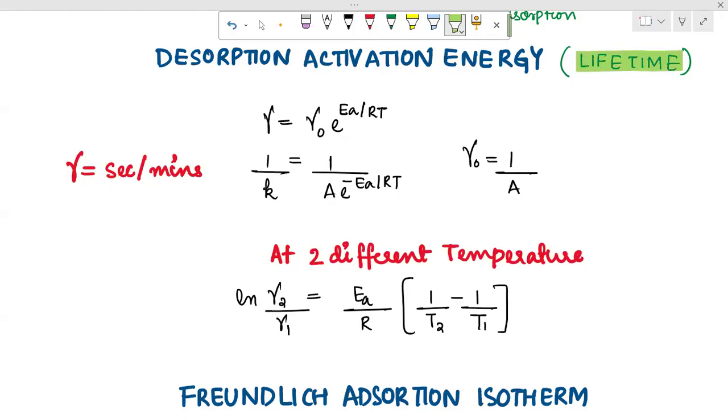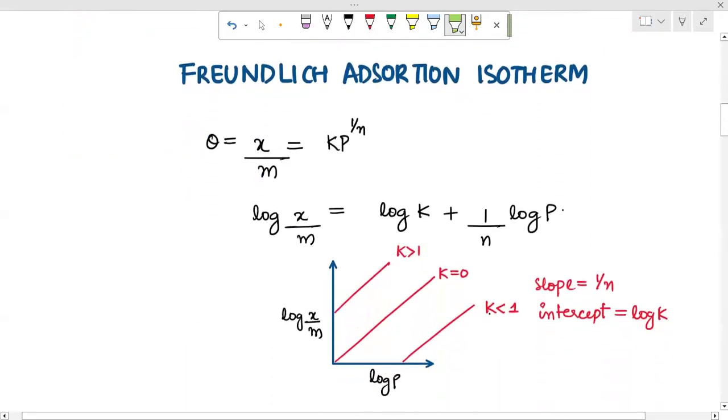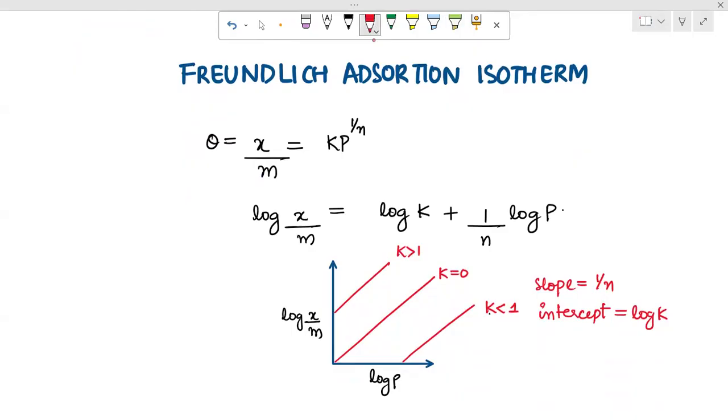Okay, now coming to the different types of isotherms. The first one, the primary one, is the Freundlich adsorption isotherm, where theta is the extent of adsorption, x is the amount of adsorbate, and m is the amount of adsorbent.